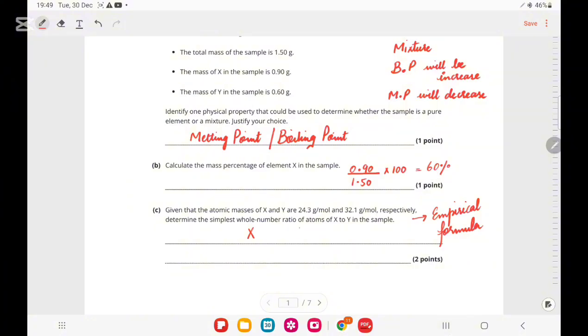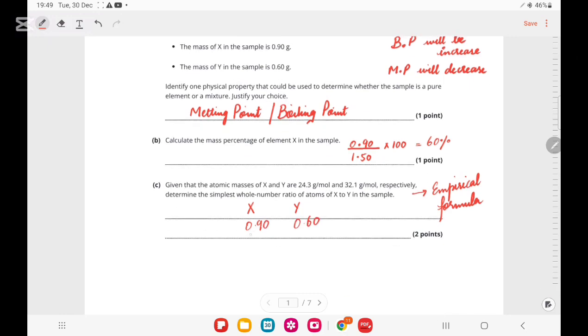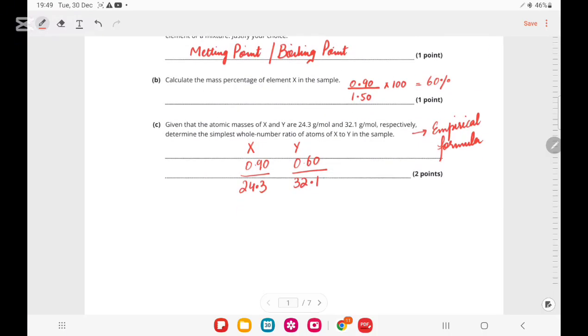This is X and this is Y. Mass of X is 0.90 and mass of Y is 0.60. The first step is dividing the mass by the molar mass. X is 24.3 and that of Y is 32.1.